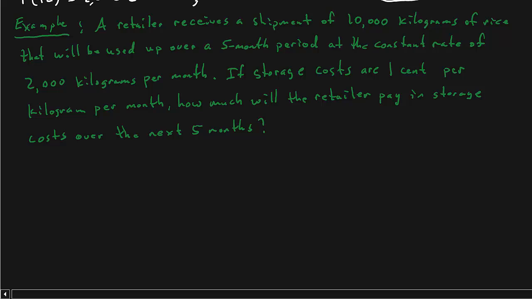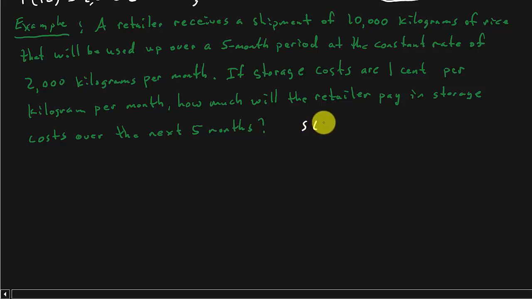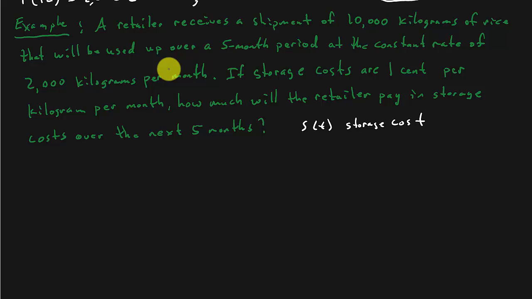All right, so how much will they pay in storage? So let's just say S of t is storage cost. All of this information is telling us the rate of change of the storage cost.